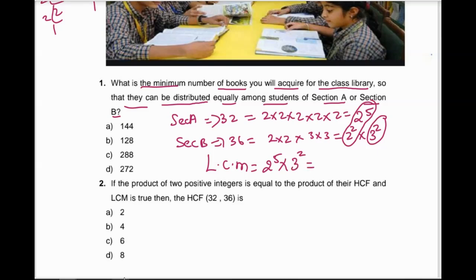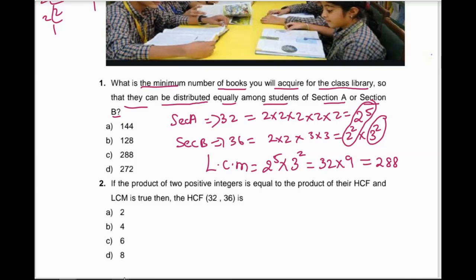So it will be 32 into 9, which is 288. So minimum is nothing but finding the LCM of the given numbers.